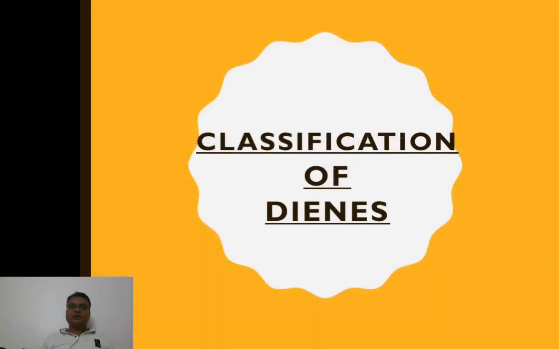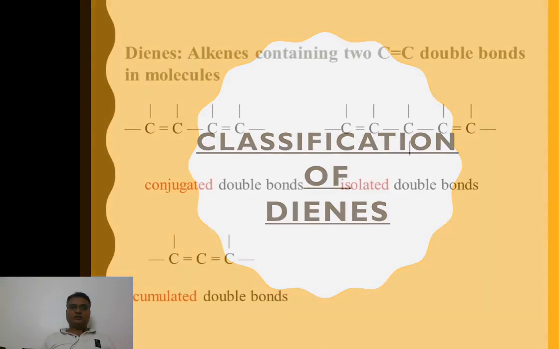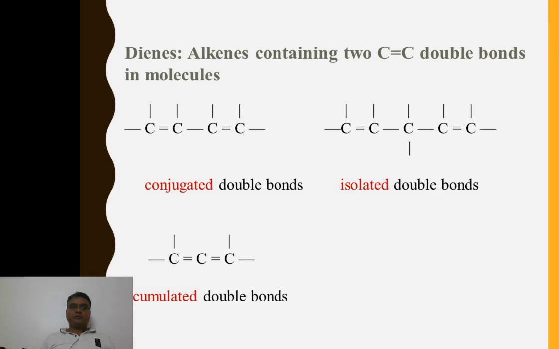Next is the classification of dienes. Dienes are classified on the basis of the position of the two double bonds. Double bonds are classified into three types: conjugated double bonds, in which two double bonds are separated by a single bond; isolated double bonds, in which two double bonds are separated by two single bonds; while in cumulated double bonds, the double bonds are adjacent to each other.